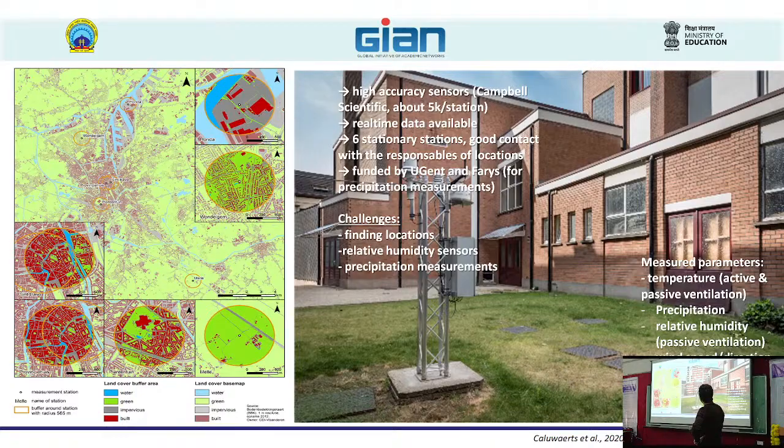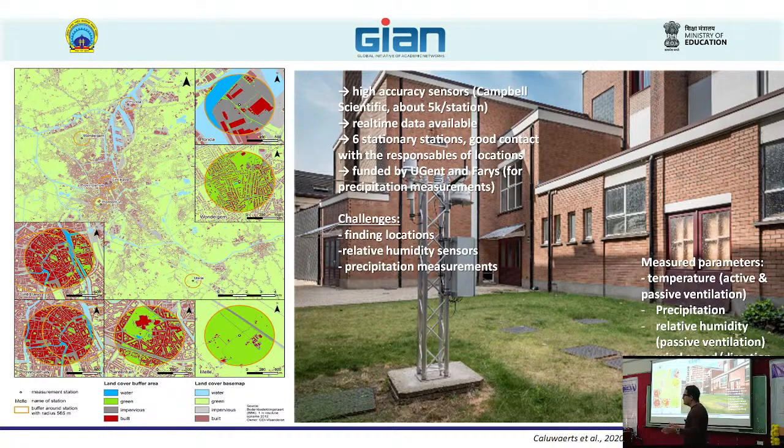So we bought a high accuracy sensor, Campbell Scientific, which costs about 5,000 euro per station. And we have real-time data available, a logger, etc. So, 6 stationary stations, with good contact with the person responsible for each location.